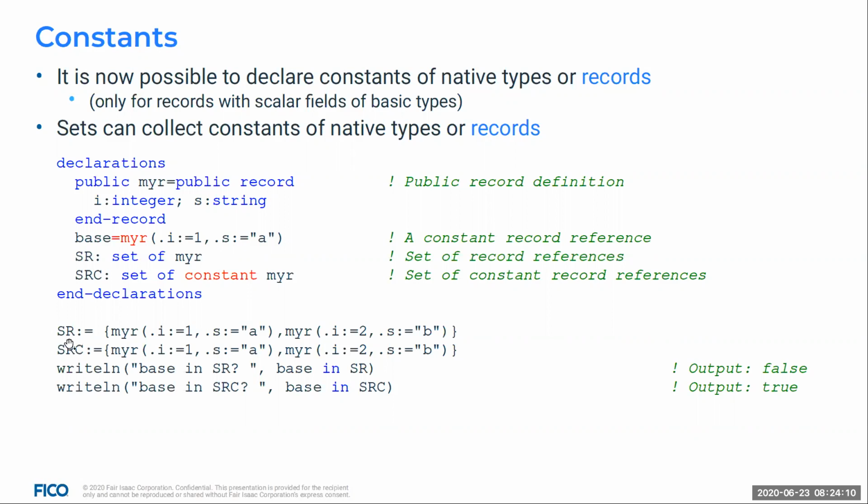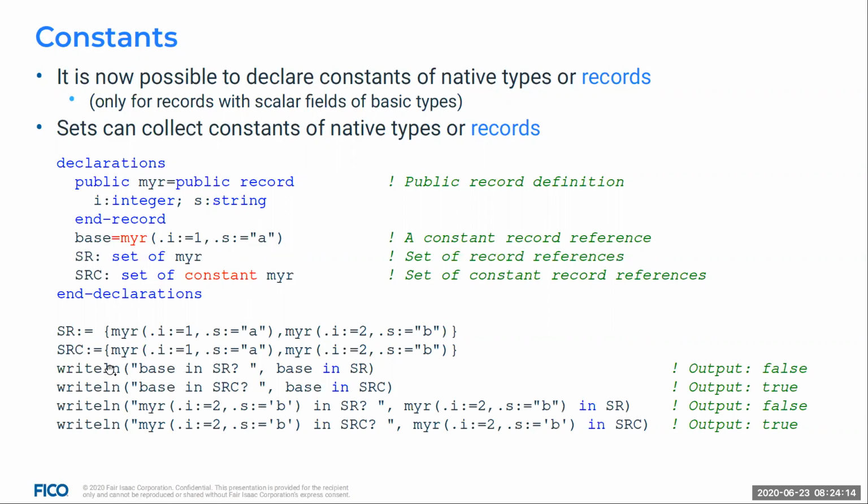Again, the standard definition is a standard set of this record and a set of constants of this record. Now, again, I'm doing this test: is this constant I've created here contained? False for the standard set, true for the set of constant records. And again, in here I'm creating new objects, and again, false and true for this.